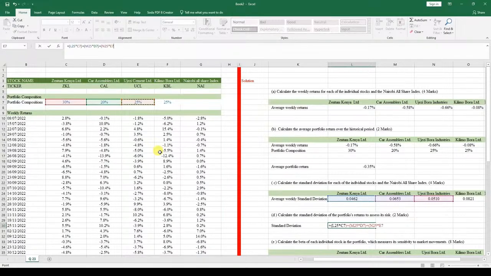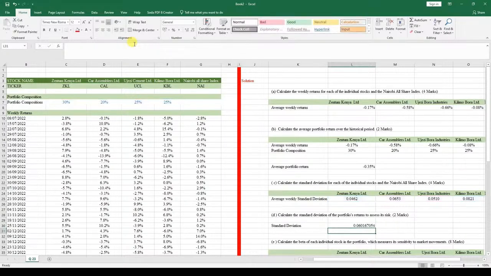Then we close the brackets, plus we pick this value here and multiply it against that value there. Open the brackets, close the brackets like that, and we just click enter.